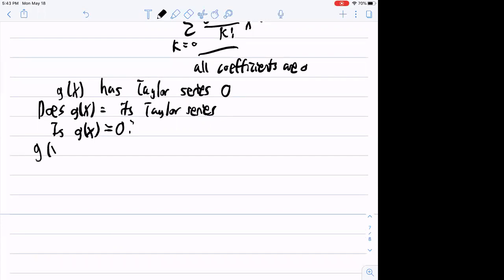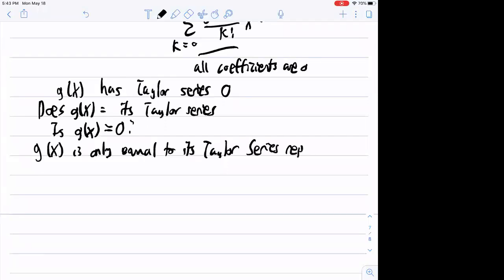So g of x is only equal to its Taylor series representation at 0, and nowhere else.